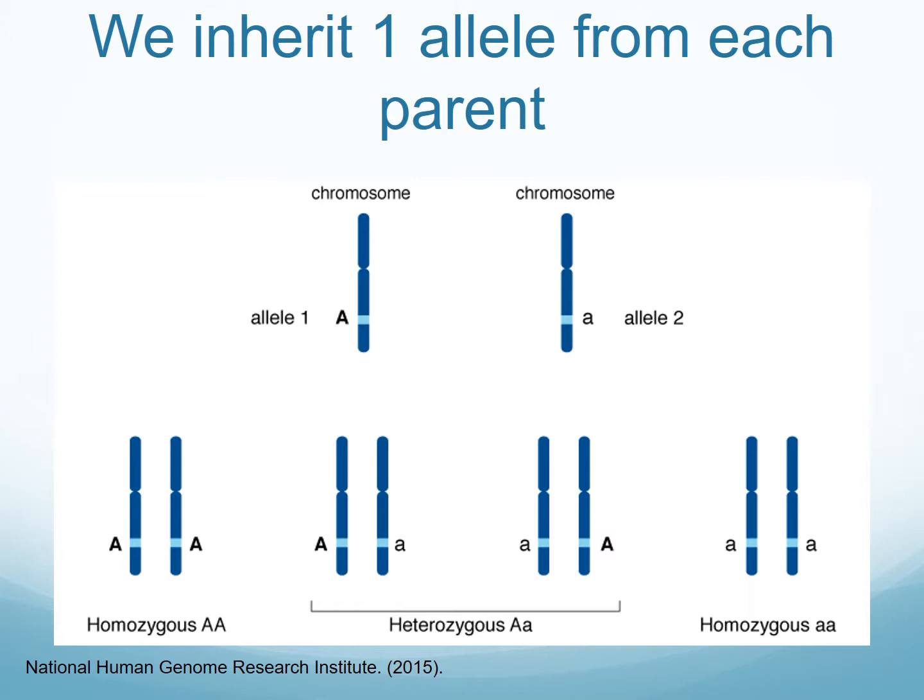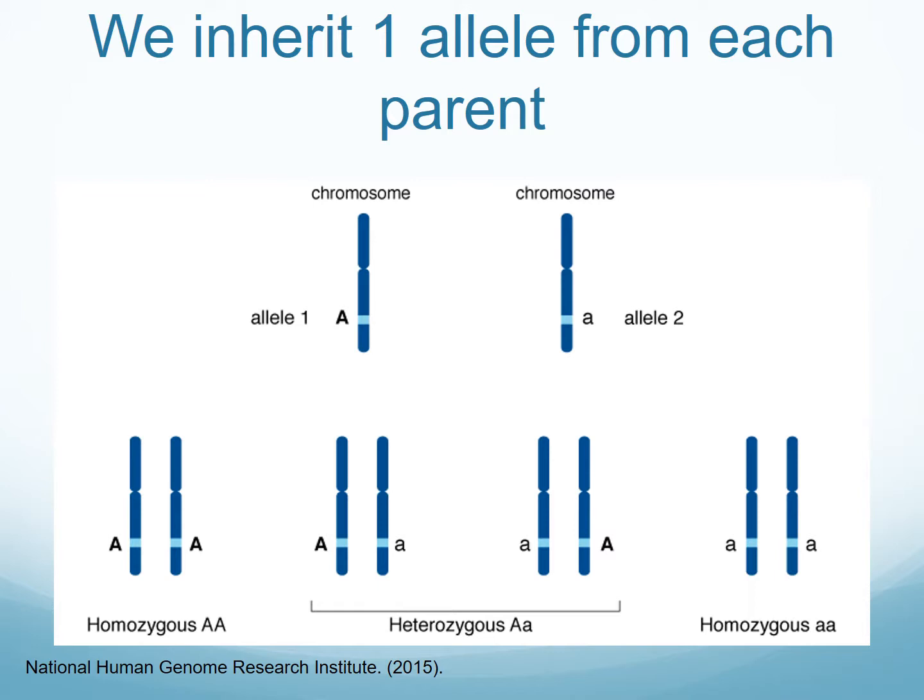The capital letter is commonly the dominant version, or if that's what you inherit, that's what's going to be expressed. The small a is the recessive version, and then at the bottom you can see kind of what happens when the genes get scrambled and the DNA and the chromosomes are made, which version you get.